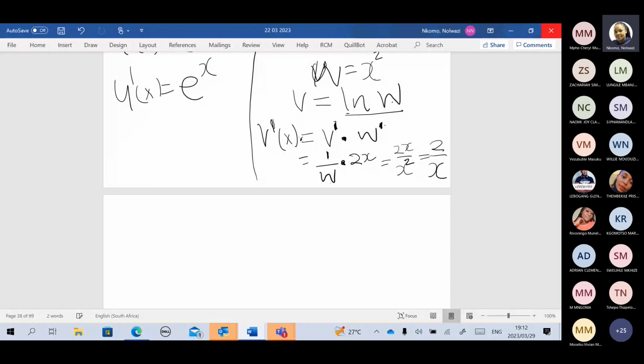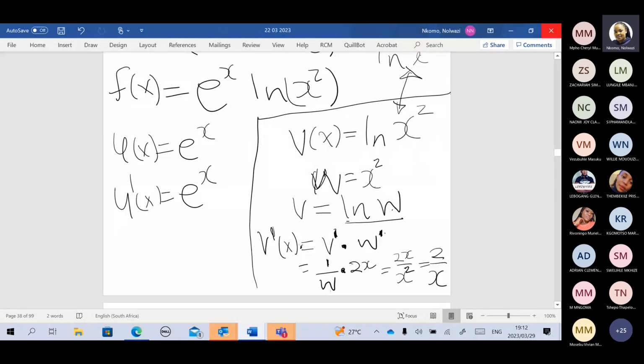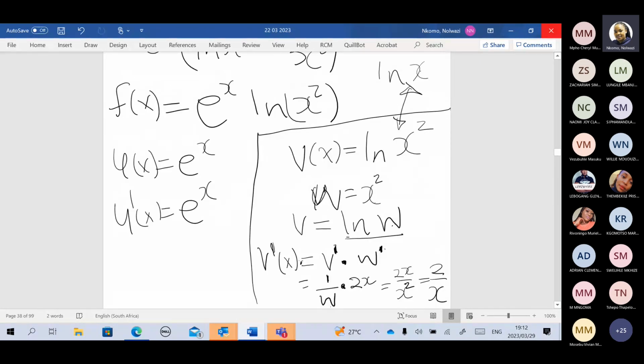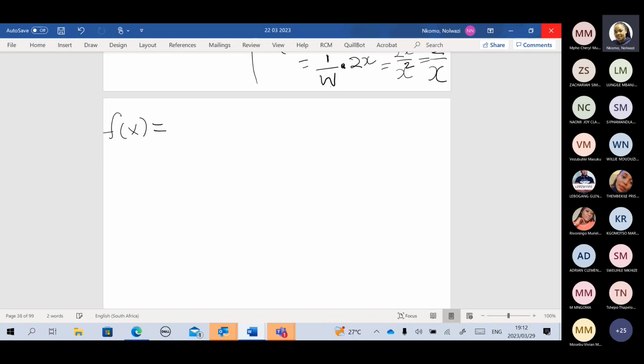Remember, we said the derivative of this function. Okay, we have f at x is equal to e to the power x ln x squared. We let this be u, we let this be v. F prime at x will be u prime v plus u v prime.